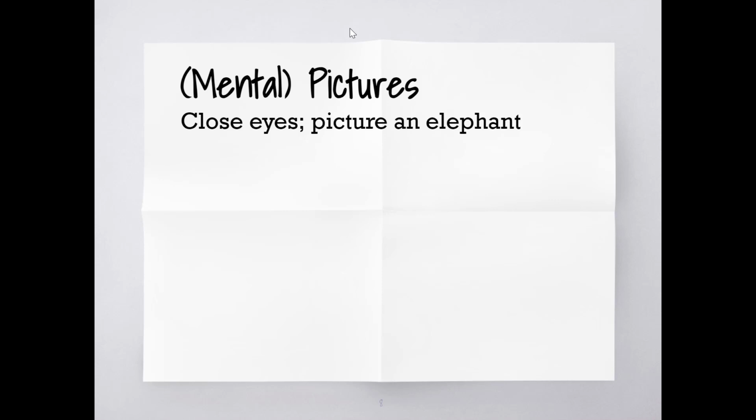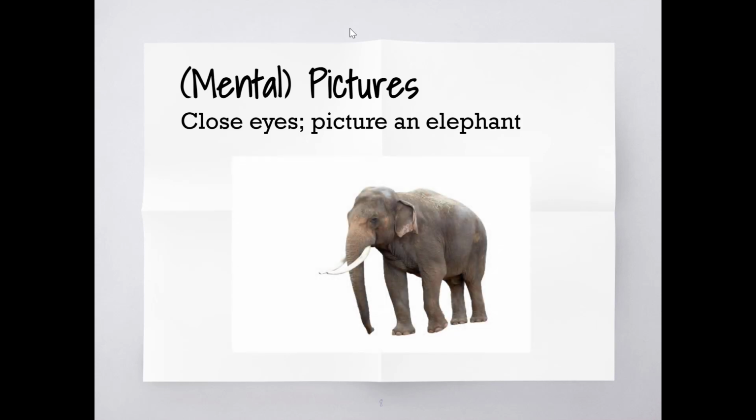Okay. All right. Next, what I want you guys to do is create some mental pictures. Okay, so go ahead and close your eyes, and I want you to picture an elephant. What does it look like? When you see an elephant, what are you picturing?